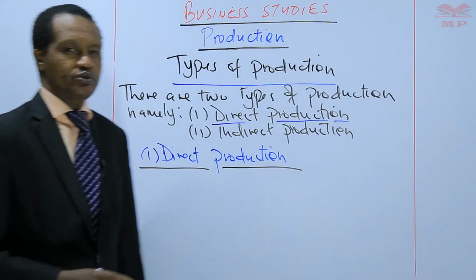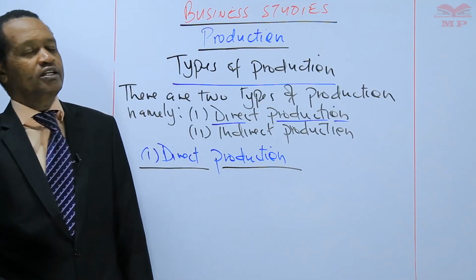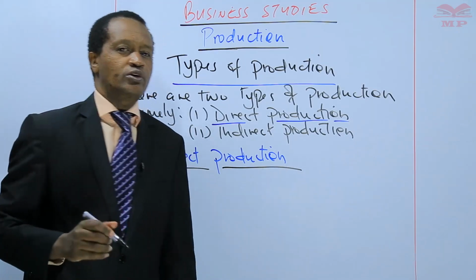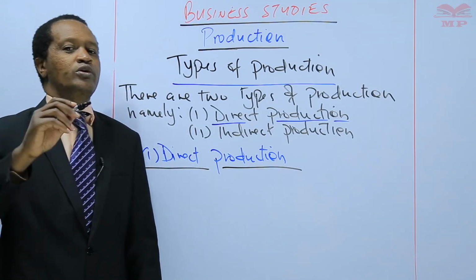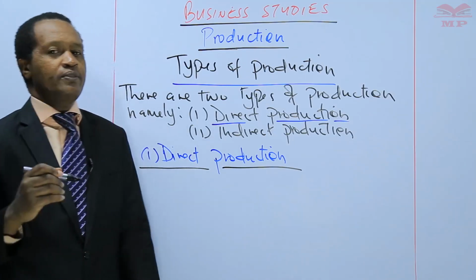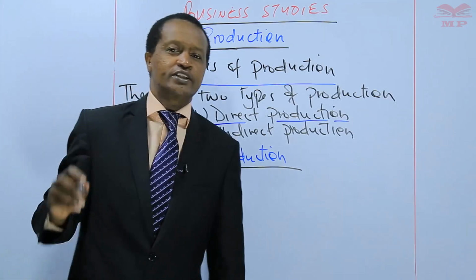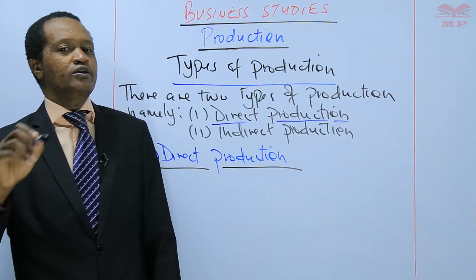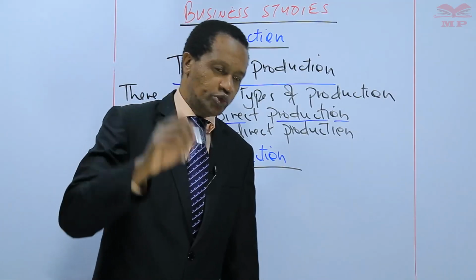Direct production refers to the process where goods and services are produced for one's own use.